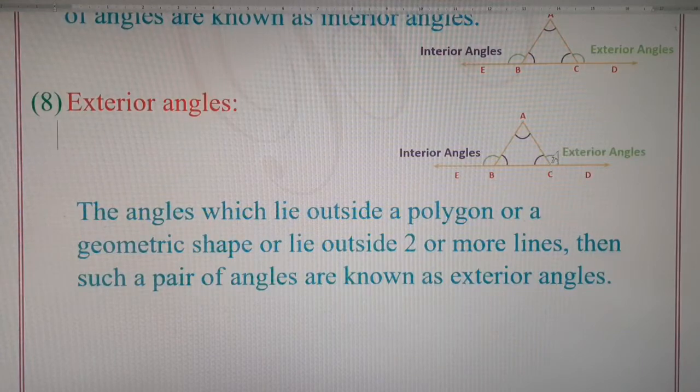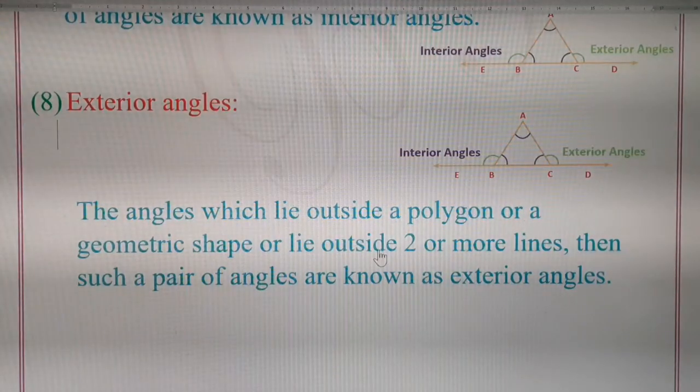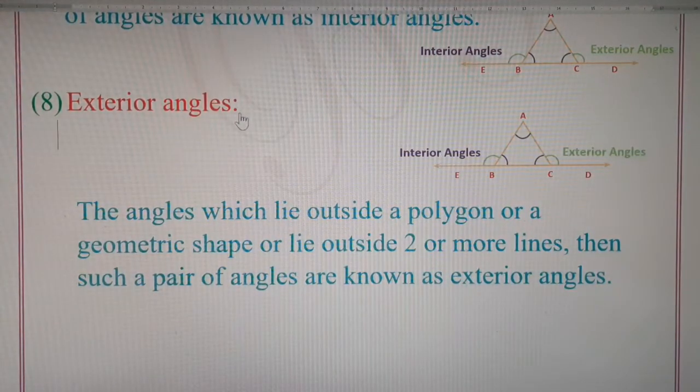And the angles which lie between two or more lines, or the angles which lie inside a polygon or a geometric shape, then those type of pair of angles are known as interior angles. So children, we have to understand the difference between interior angle and exterior angles. Interior angles are angles which lie inside a polygon, and exterior angles are angles which lie outside a polygon.